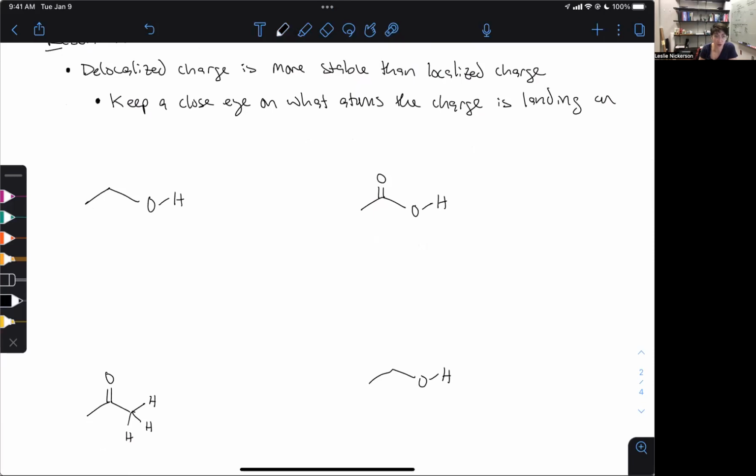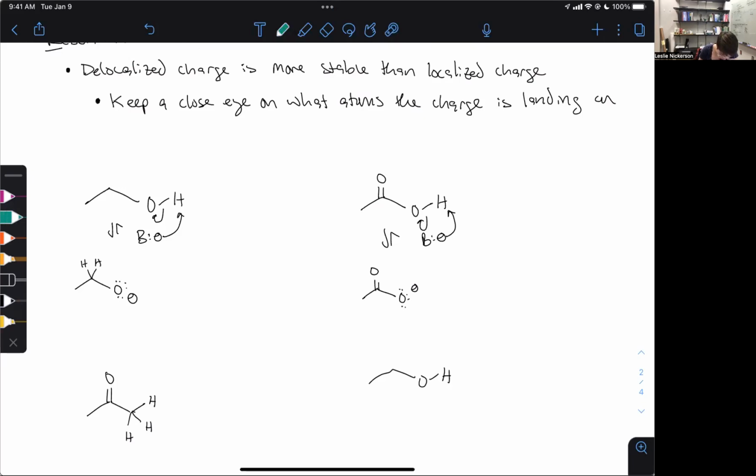Let's start with a simple example first. Again, we're going to start with drawing out our conjugate base. So I have this, and then my conjugate base over here. If I'm looking at these two conjugate bases, I've got two H's here.